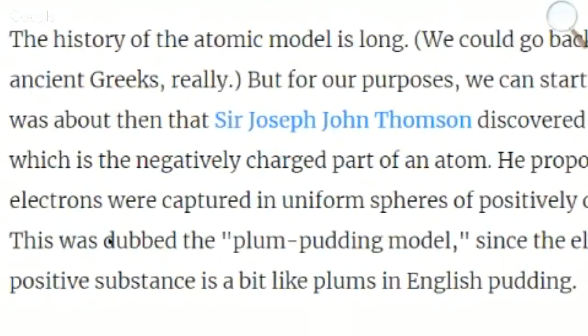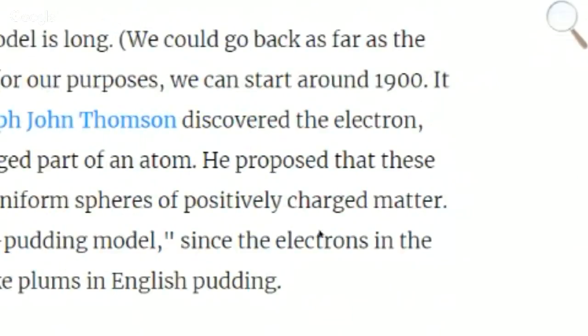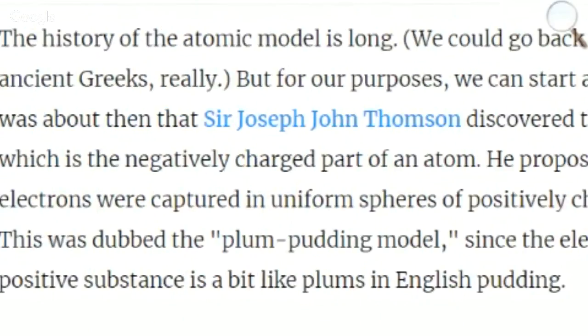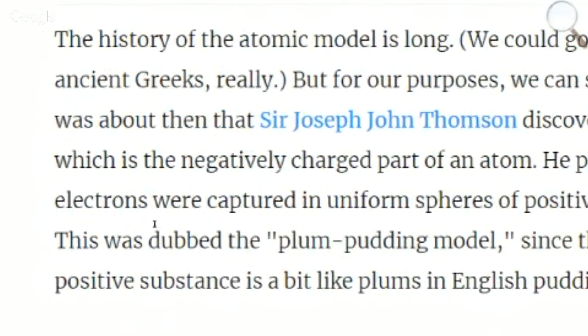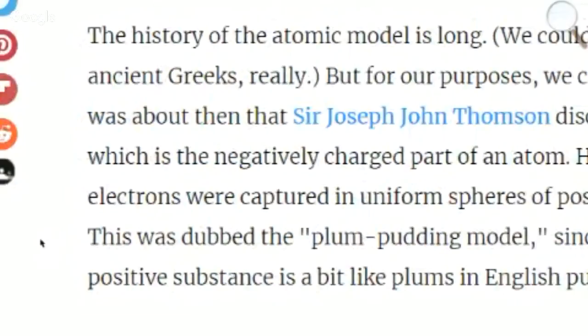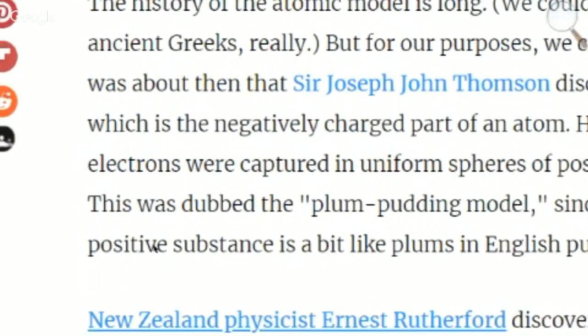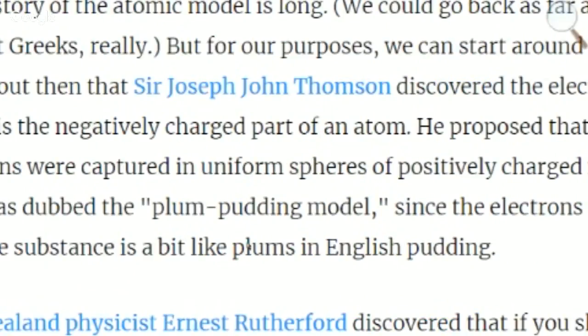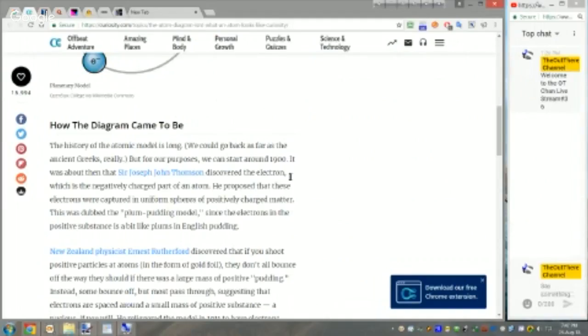He proposed that these electrons were captured in uniform spheres of positively charged matter, and this was dubbed the plum pudding model, since electrons in the positive substance is a bit like plums in English pudding.